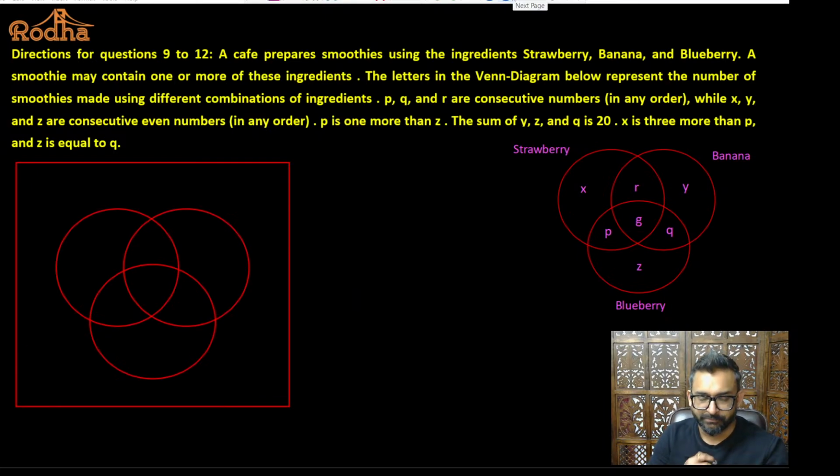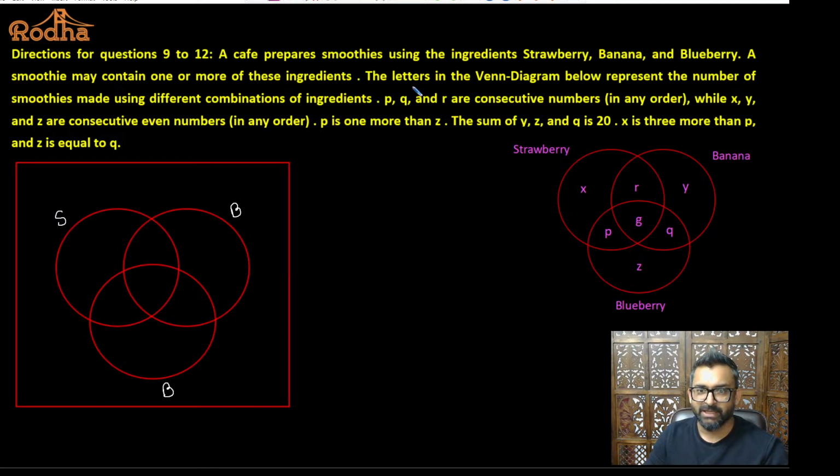Let's see. This is the information we have. I have designed a different Venn diagram so that we can understand what is happening here. As per the question, strawberry, banana, and blueberry are the fruits we are supposed to use in making the smoothies.